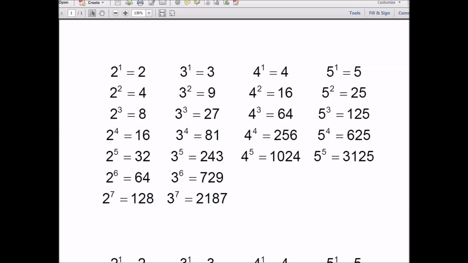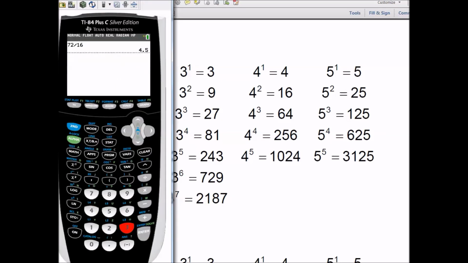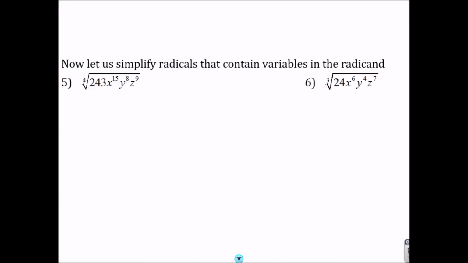So I'm looking at 16 and 81. 243 divided by 81 is 3, so that's what we're going to use to simplify this. So I can split up 4th root of 243 into 4th root of 81 times 4th root of 3. And the 4th root of 81 is 3. So that's the number part of the simplifying.